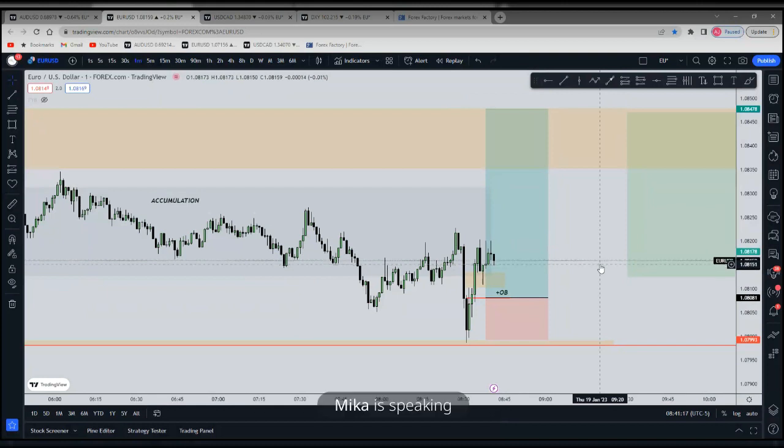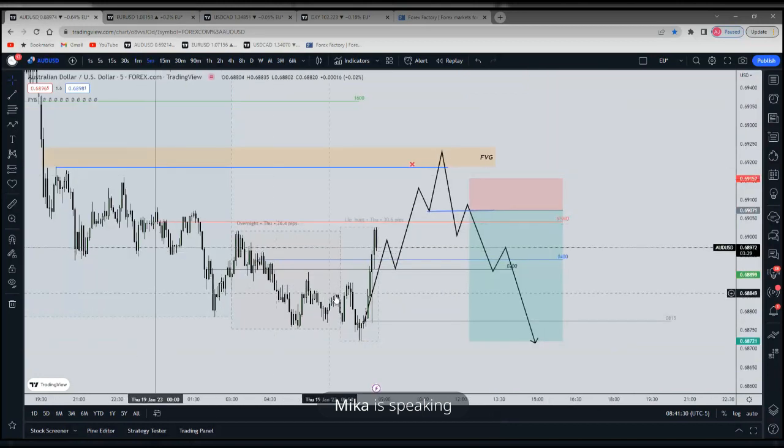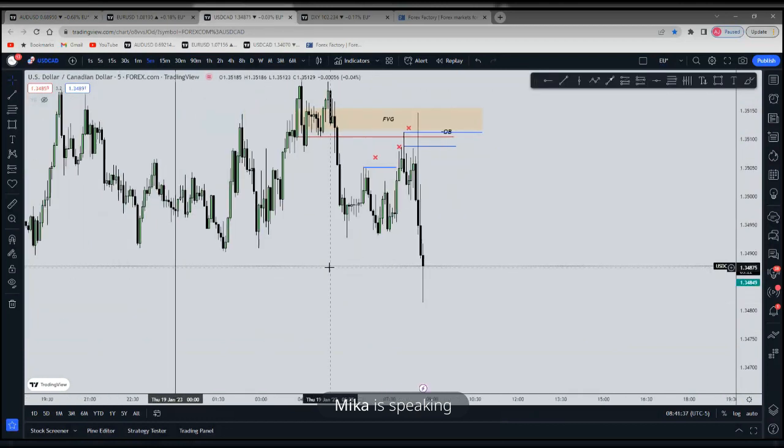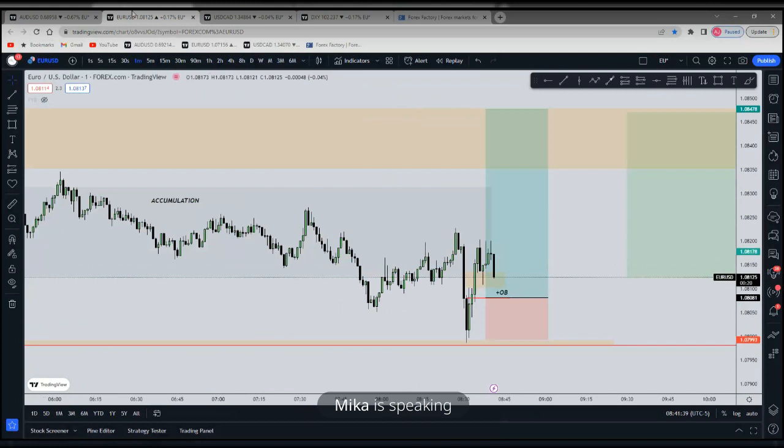Quick update on EU though, before it's moving to the entry. I had a buy limit there, but I deleted it just now because if you're looking at AU and USD CAD, you can see that EU is just not moving. So everything else was the better trade for me personally right now on the 1 minute. You can see that USD CAD and AU and everything else was moving way better.